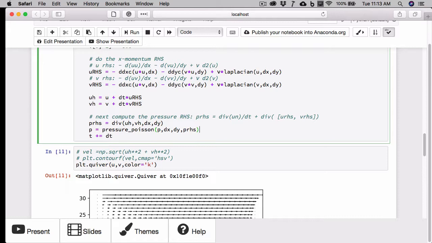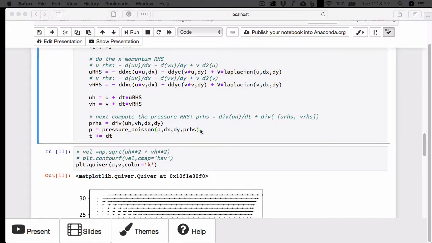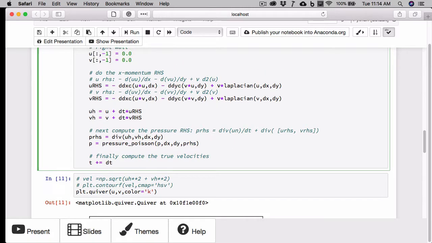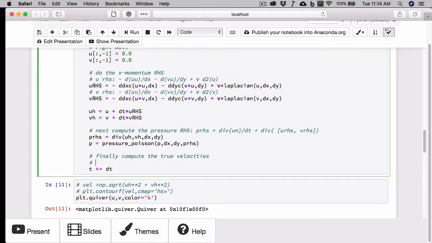We're not entirely done yet, because we need to now take the gradient. Okay? So finally, compute the true velocities. Those velocities are going to be u n plus 1, where u n plus 1 is equal to u hat minus dt times dp/dx.